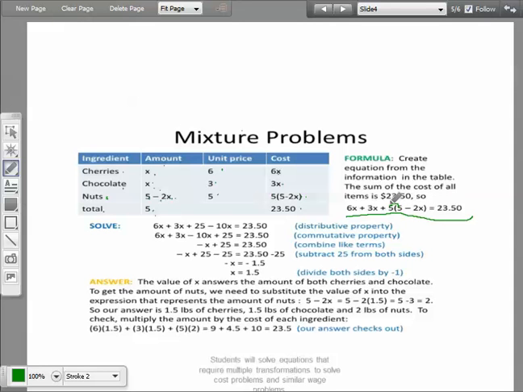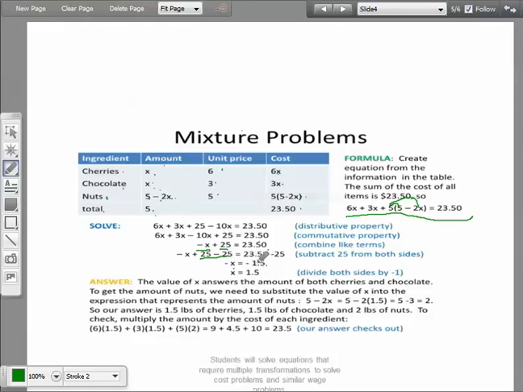That'd be 25 and that'd be minus 10x. So 6x plus 3x is 9x. Minus 10x gives you minus 1x. Plus 25 equals 23.50. Okay? Well, I'm going to subtract the 25 from both sides. I'm going to get minus x is equal to minus 1.5.